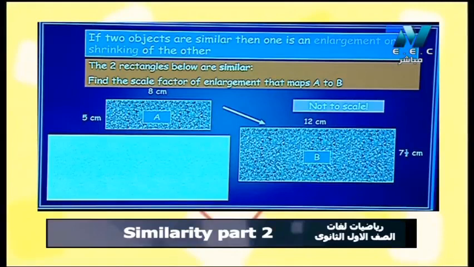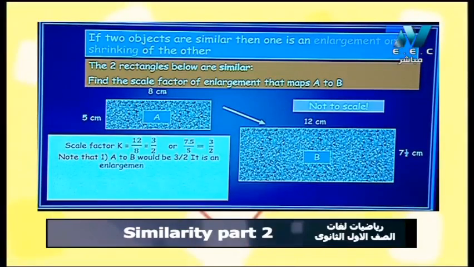We will find the scale factor K. Scale factor K equals 12 over 8 or equals 7.5 over 5, because 8 corresponds to 12 and 5 corresponds to 7.5.